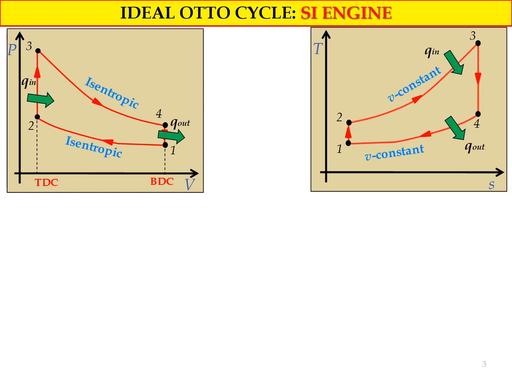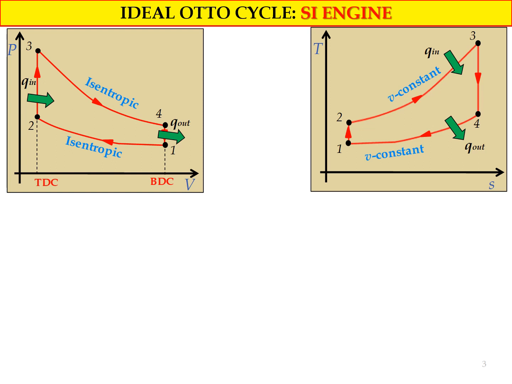Okay, now if you look at both diagrams, the process involves different states: state number 1, state number 2, state number 3, and state number 4. For the Otto cycle, we also have 4 different processes. If you look at the PV diagram, process number 1, from state 1 to state 2, is an isentropic process.